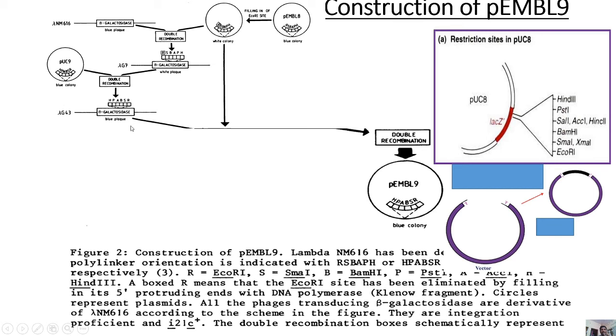Now we are going to co-transform another bacterium with lambda G43 and the previously constructed white colony producing pMBL8. So now the bacterium has both lambda G43 and white colony producing pMBL8. We all know that both vectors have homologous regions at the lacZ region.